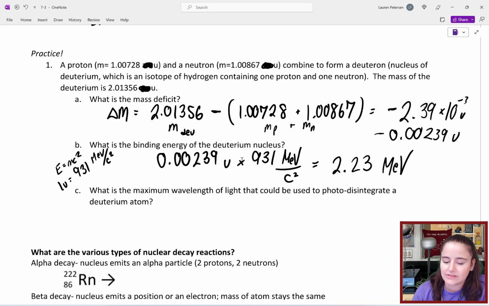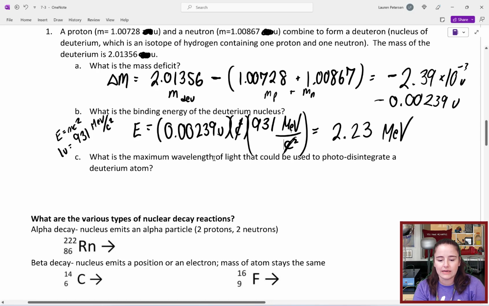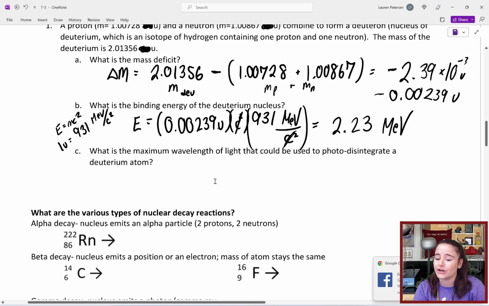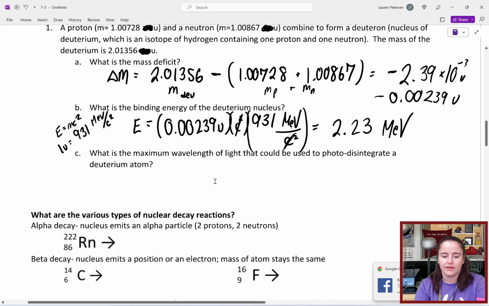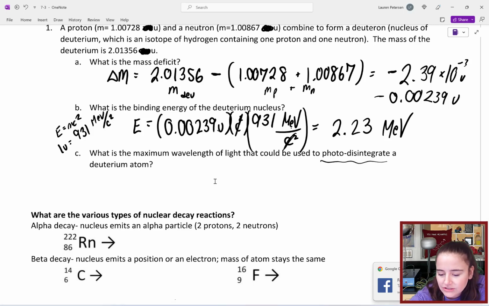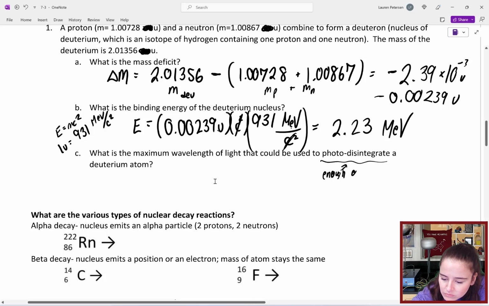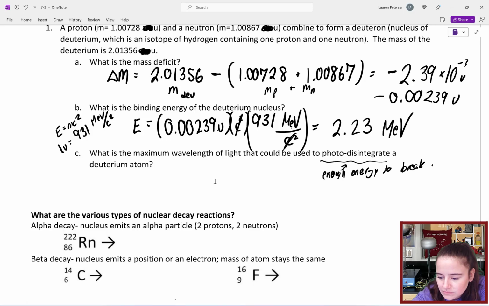mega electron volts. So what is the maximum wavelength that could be used to photodisintegrate a deuterium atom? If we want to photodisintegrate it, we need to provide enough energy to break it apart.